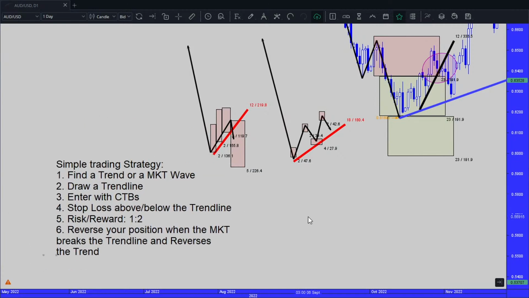Simple trading strategy. Take a screenshot. Find a trend on any currency pair, any time frame. Draw a trend line. Enter with counter trend line break, stop loss above or below the trend line, risk reward 1 to 2, and reverse your position when the market breaks the trend line.